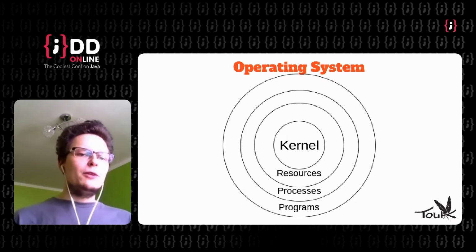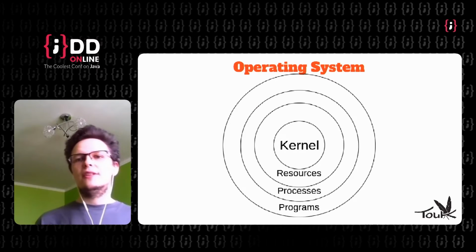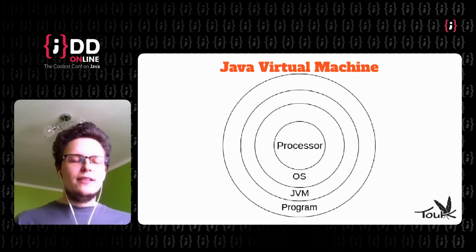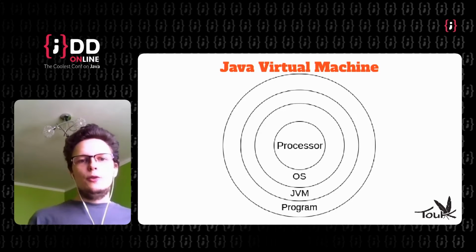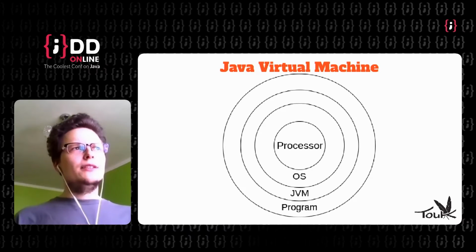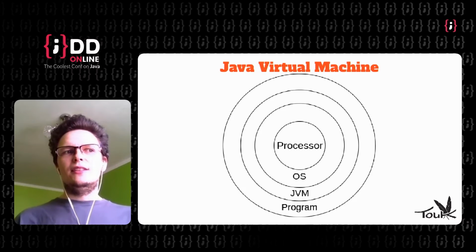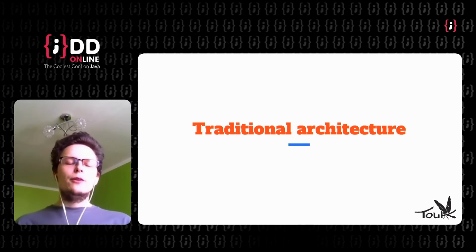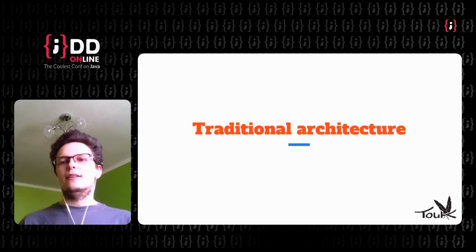When we look at an operating system, or for example a Java virtual machine, we can see that this layered architecture is visible in such cases. Now, when we are building a business application, we have something which could be called the traditional architecture.